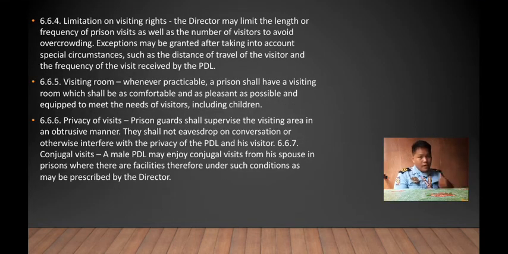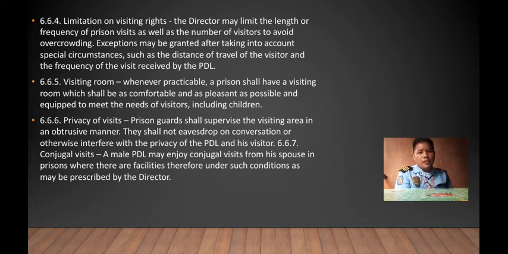So, we have here the limitation of visiting rights, which means that exceptions may be granted after taking into account special circumstances such as the distance of travel of the visitors and the frequency of the visits received by the PDL. Visiting room, which means that whenever practicable, a prisoner shall have a visiting room which shall be as comfortable and as pleasant as possible and equipped to meet the needs of visitors, including children.